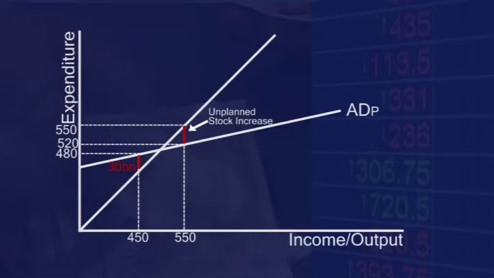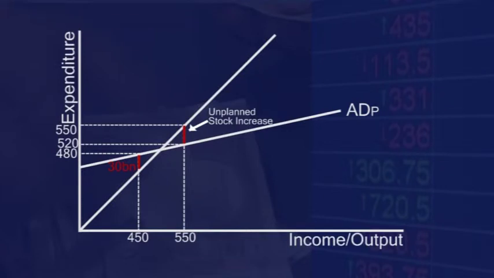So it's important to see that in the Keynesian view of the world, two things are true. One is that there is only one level of national output at which the amount being produced is equal to plans to purchase it.